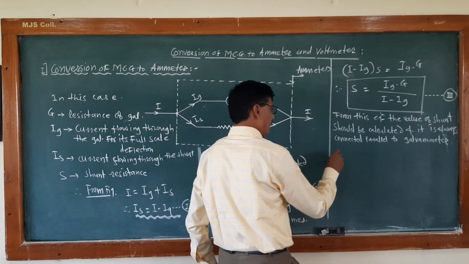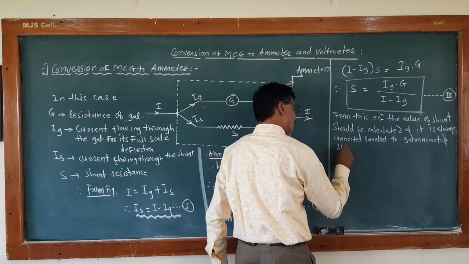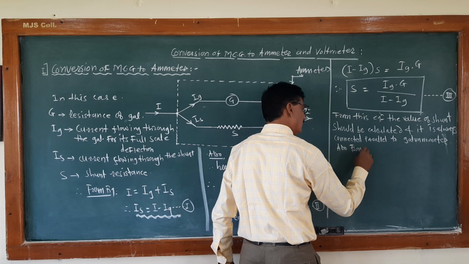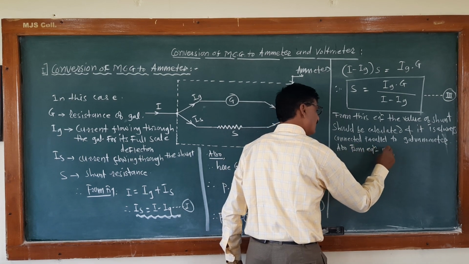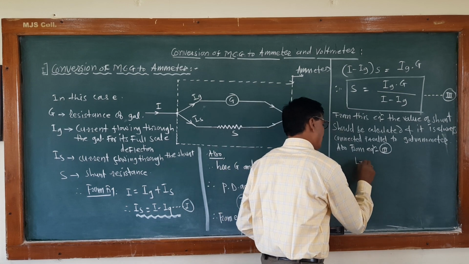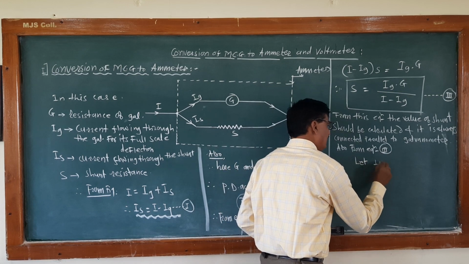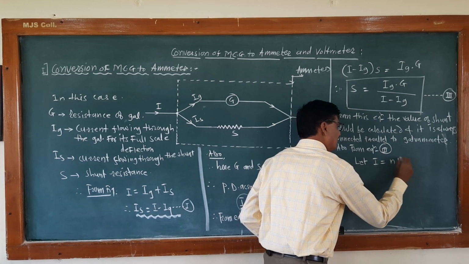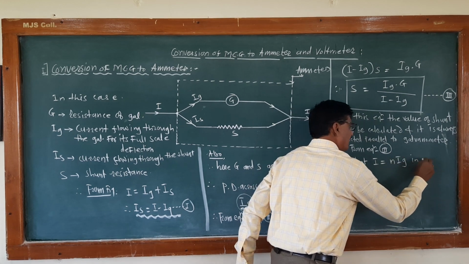Also, from equation 3, we can calculate another value of shunt. Let I be equal to N times Ig in equation 3.